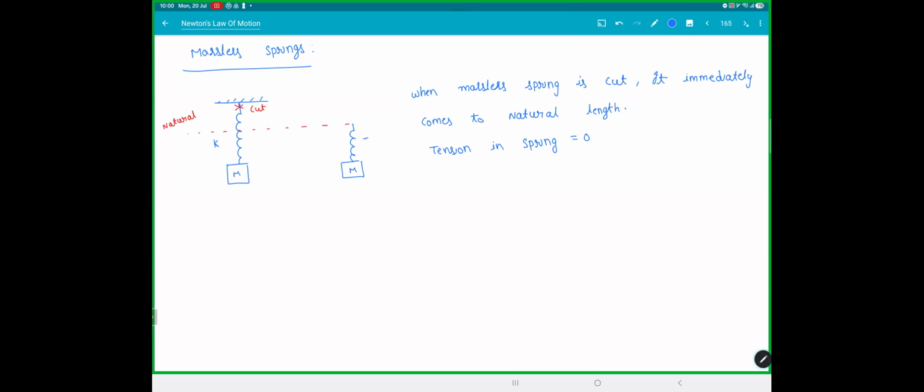The moment the tension becomes zero, this block will start freely falling. So it will just fall down with g. There is no delay. But what if springs have some mass?